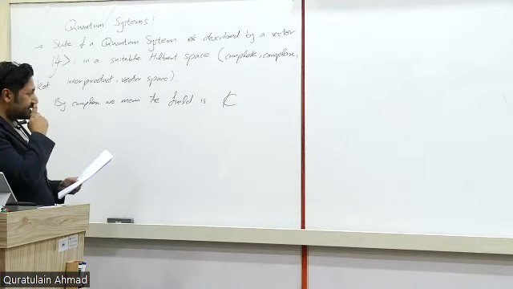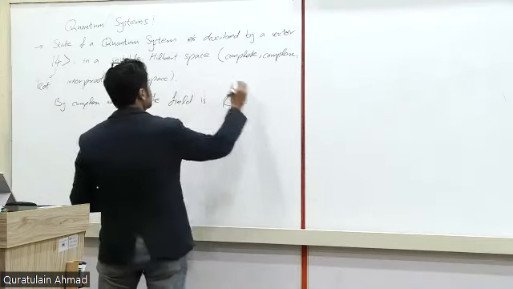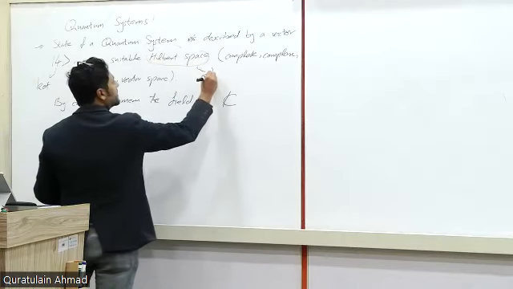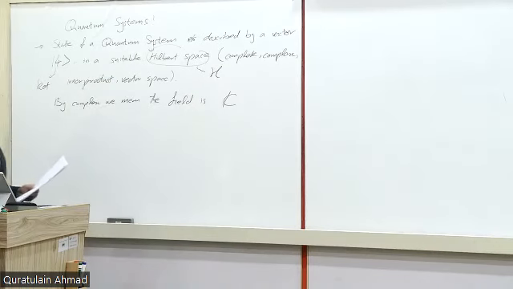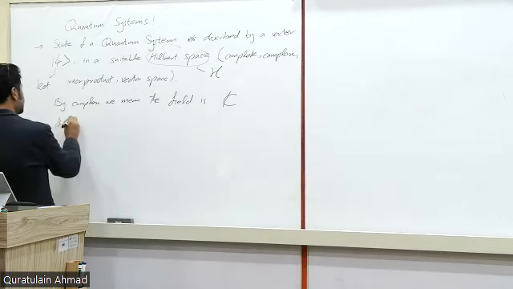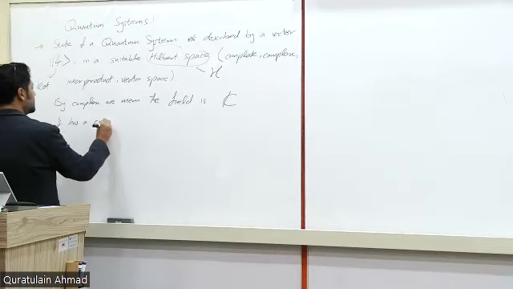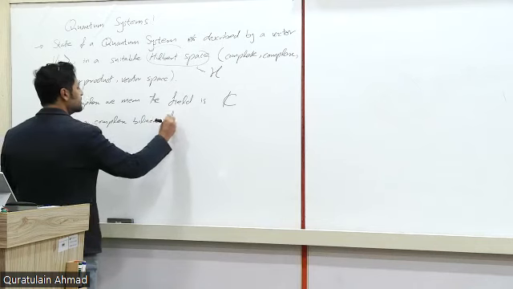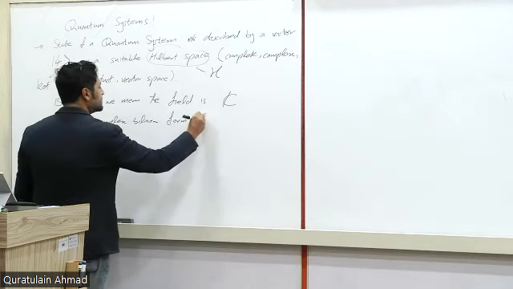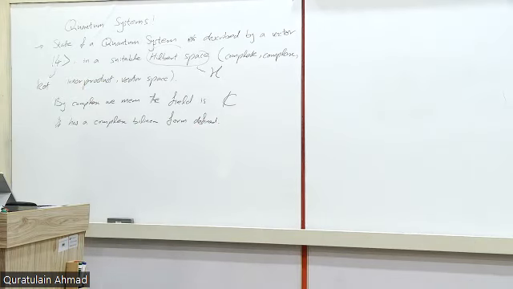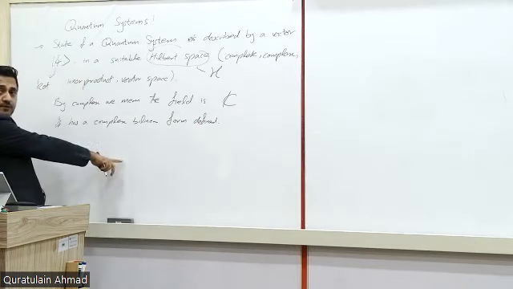So we have a vector space, let's call this Hilbert space H. H is a vector space over C, and it has a complex bilinear form. By this complex bilinear form, is this visible down here?